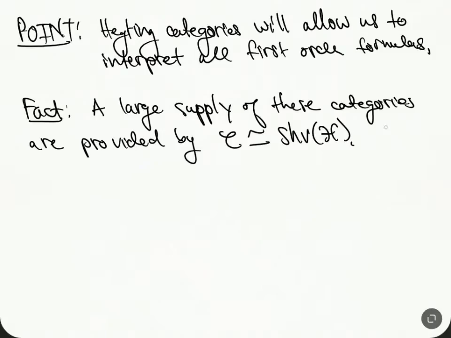And these are called Grothendieck toposes. So there are many categories that we can do this with.